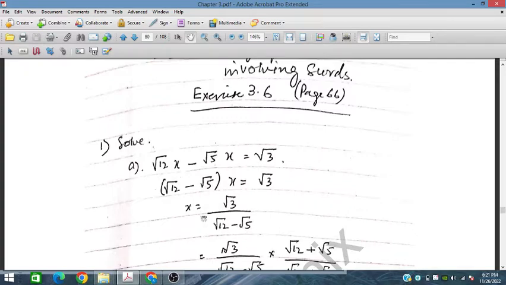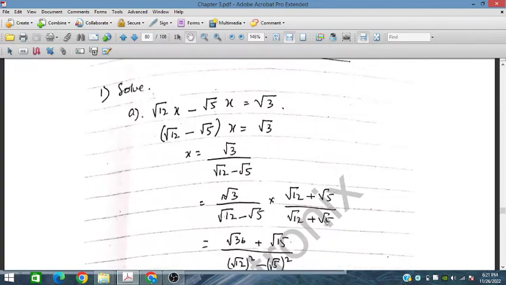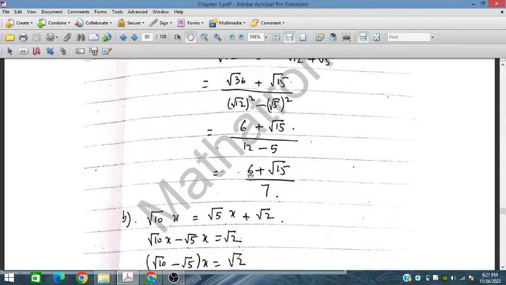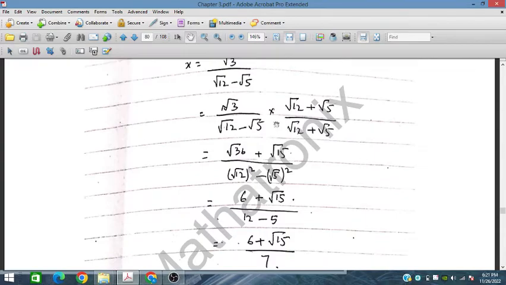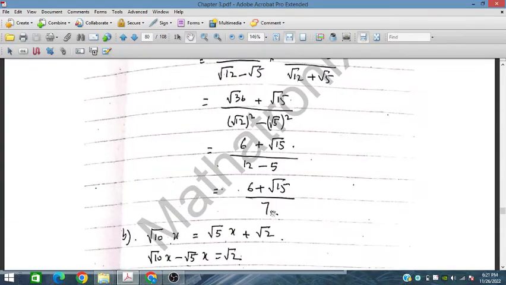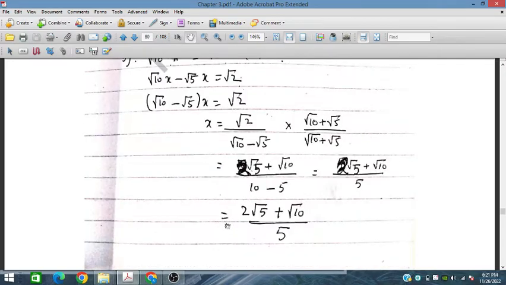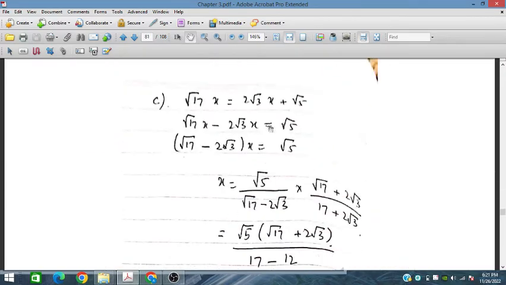So make it rationalize, and we have obtained this result. This is easy, we have done it earlier, how to rationalize the denominators. Similarly for this one and this one.